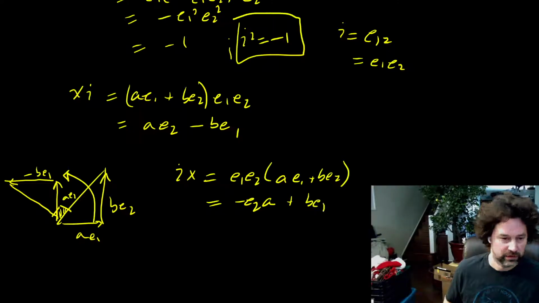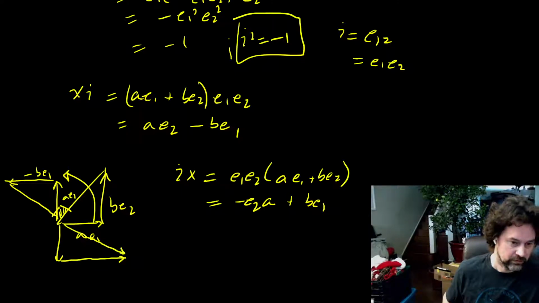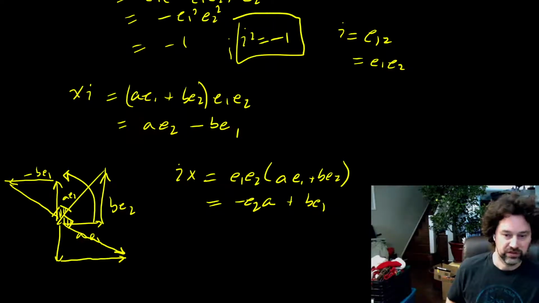So minus A E2 plus B E1, and now we have a rotation in the direction of E2 towards E1. So it rotated in a negative sense.